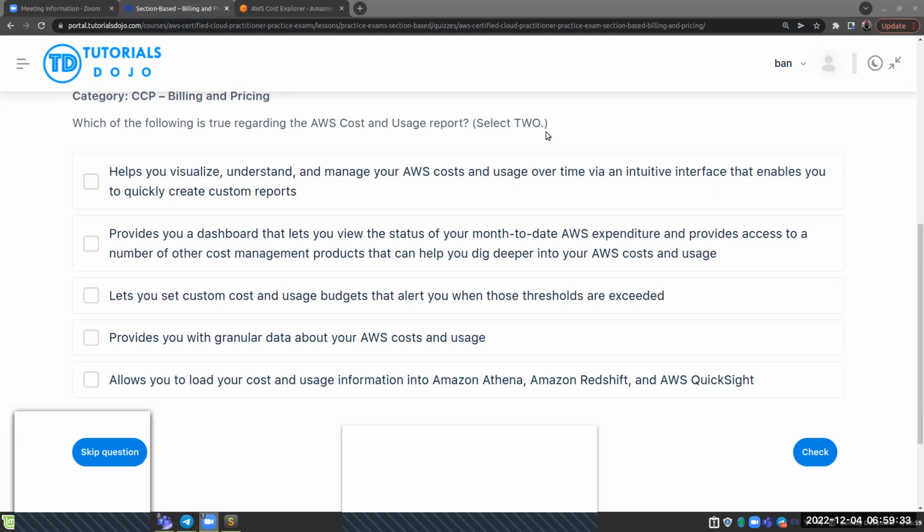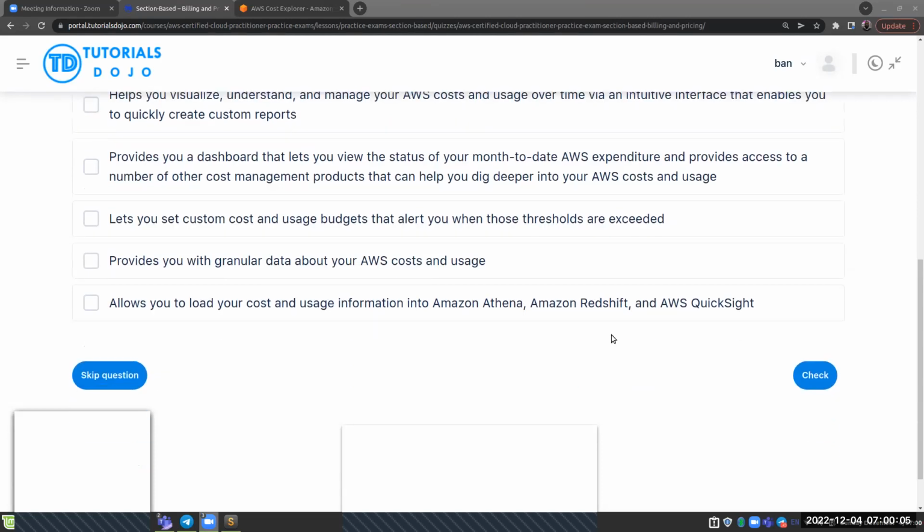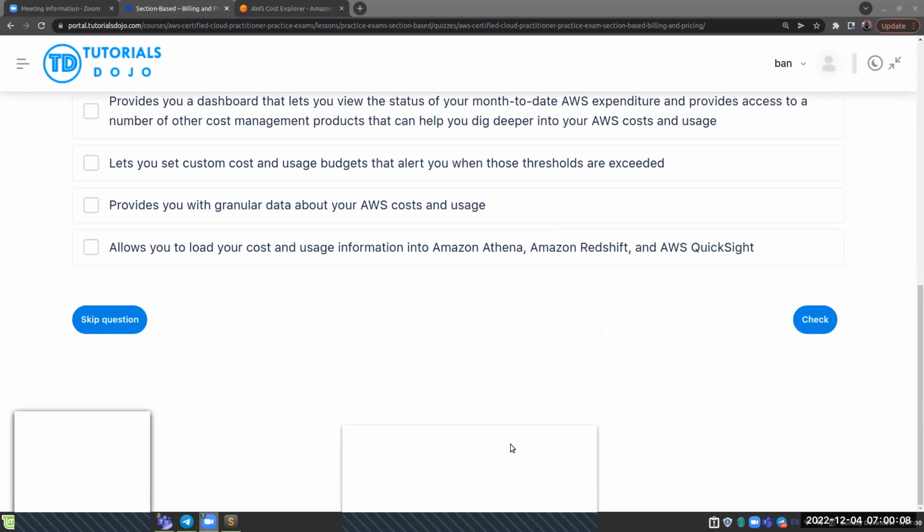B says provides you a dashboard that lets you view the status of your month-to-date AWS expenditure and provides access to a number of other cost management products that can help you dig deeper into your AWS cost and usage. C says it lets you set custom cost and usage budgets that alert you when those thresholds are exceeded. D says provides you with granular data about your AWS cost and usage. And the last one says allows you to load your cost and usage information into Amazon Athena, Redshift, and QuickSight.